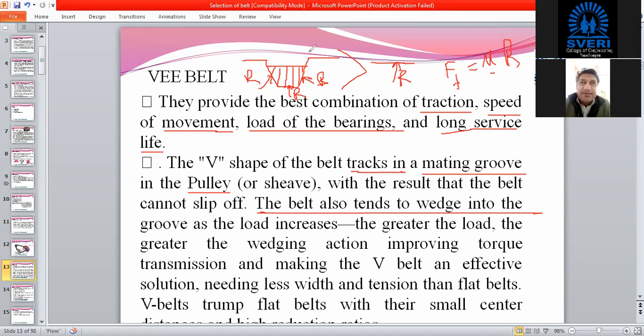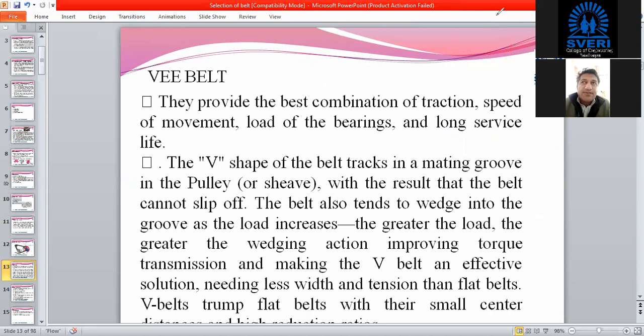Hence, V belts have become popular. You can also see around you that most applications are replaced by V belts or flat belts, right? So this construction and the grooves which are provided give better grip.